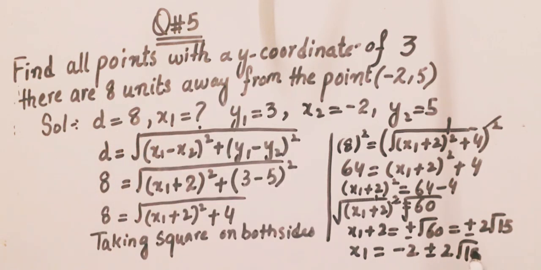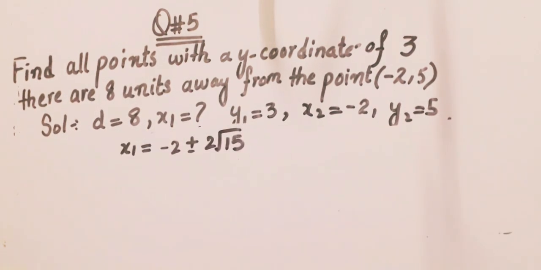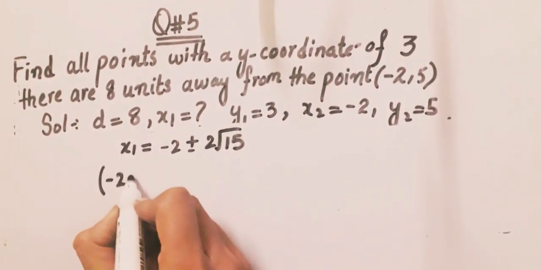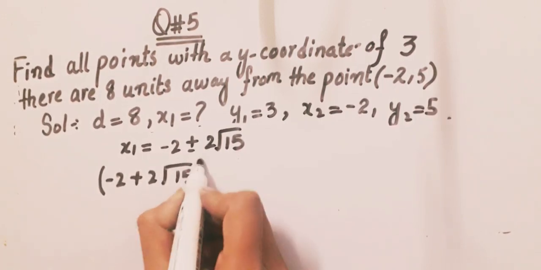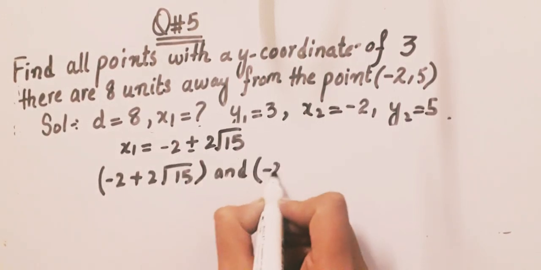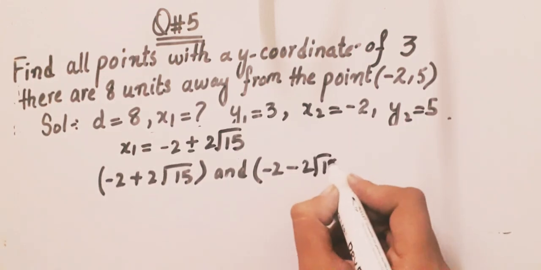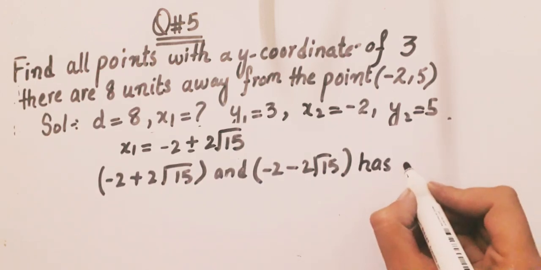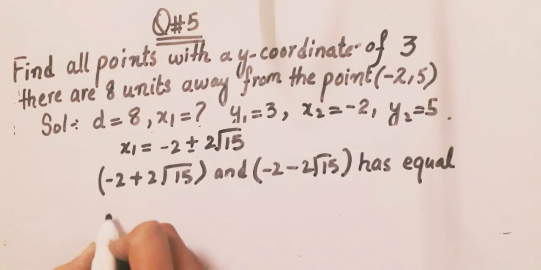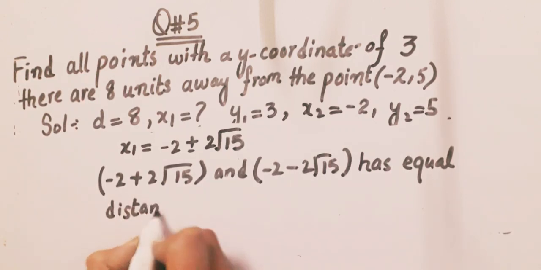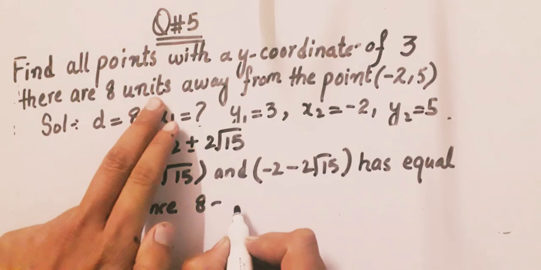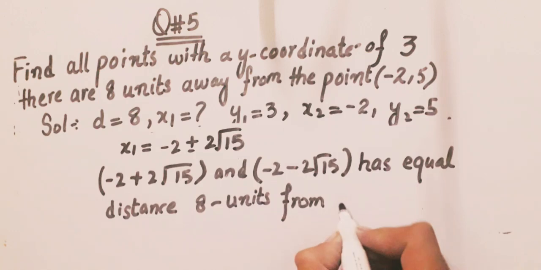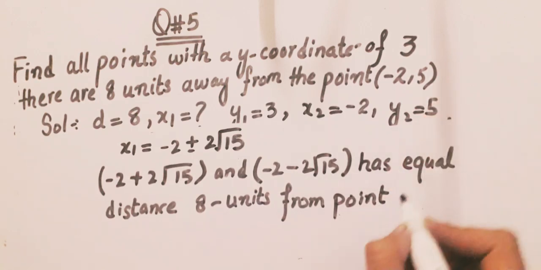You have to find all the points. So you will write as minus 2 plus 2 square root 15 and minus 2 minus 2 square root 15 has equal distance, 8 units, which is given, from the point minus 2 and 5.